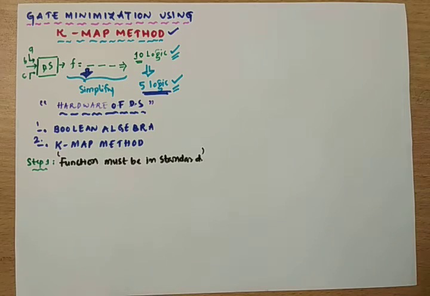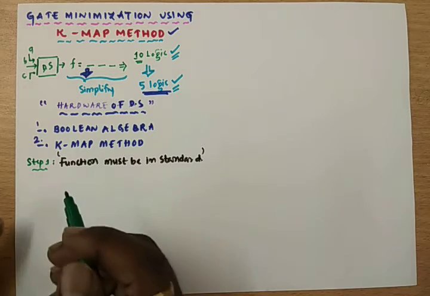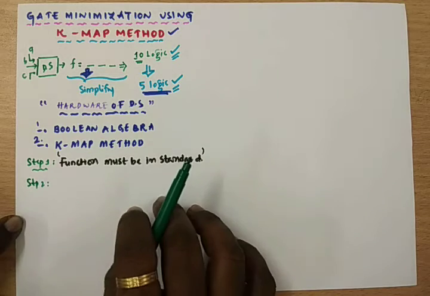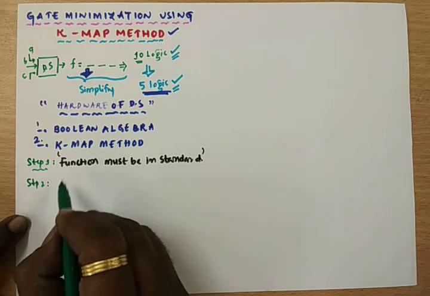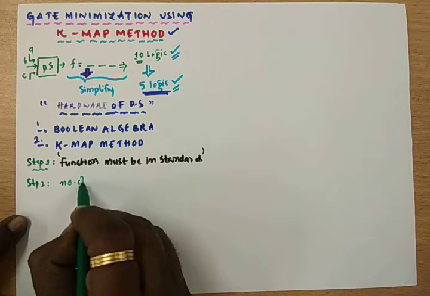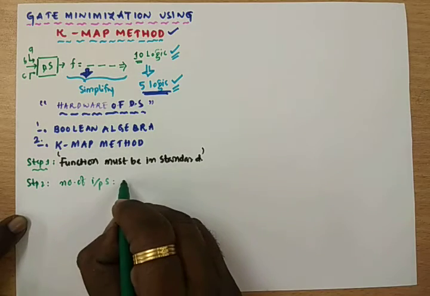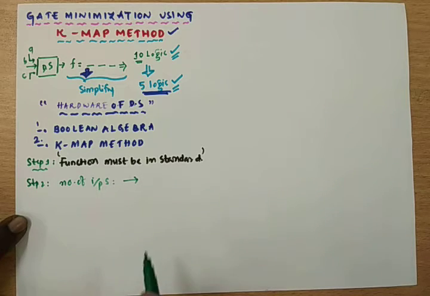Second step, we need to identify the number of inputs. By knowing the number of inputs, we have to draw the boxes or cells.